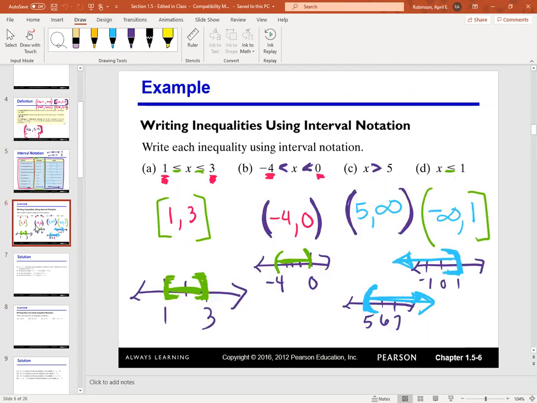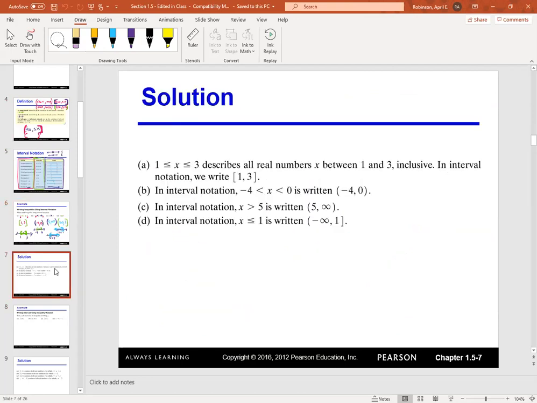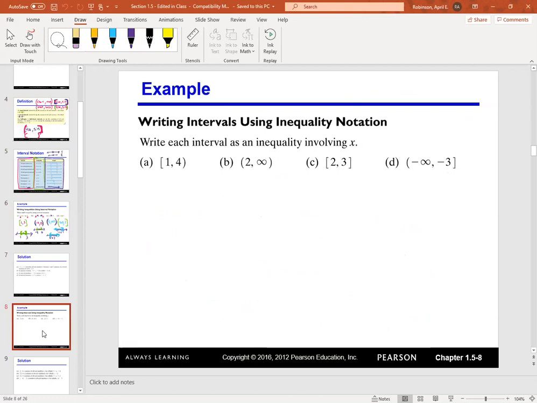And then I took inequalities and transferred them to intervals. And then here was their explanation. And now we're getting ready to go backwards. So I'm going to try to finish up 1.5 and hopefully get through all of 1.6 today, but we will see how it goes.